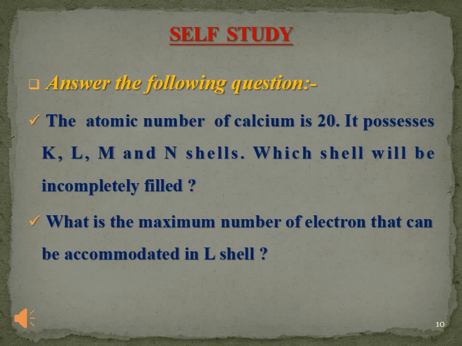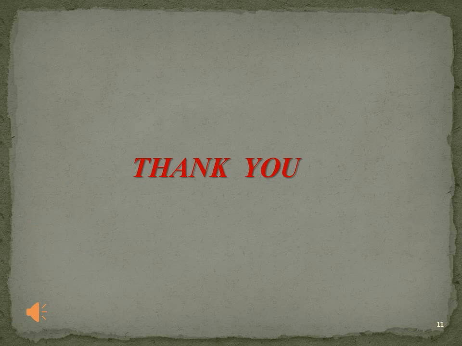That is homework for you. So students, in this video we have seen the discovery of the neutron, which was done by the scientist J. Chadwick. Then we have seen the definition of neutron. Then we have seen how electrons are distributed in different orbits.